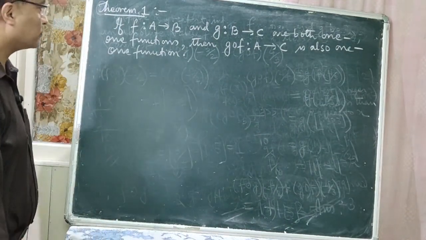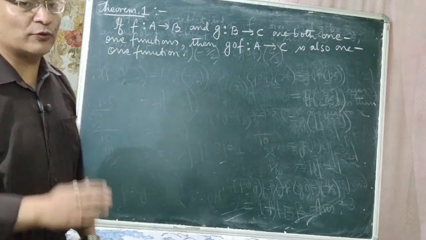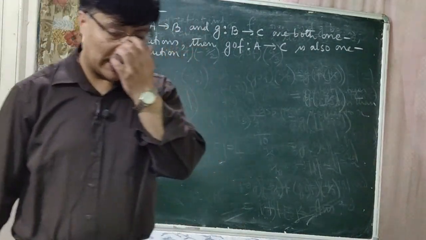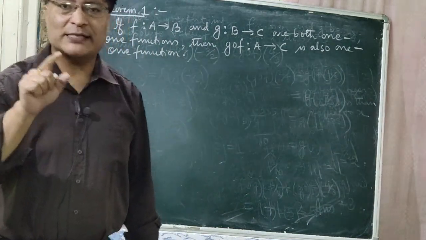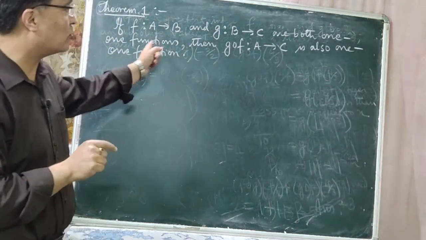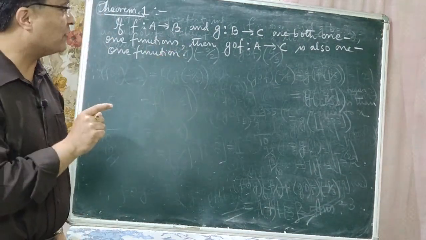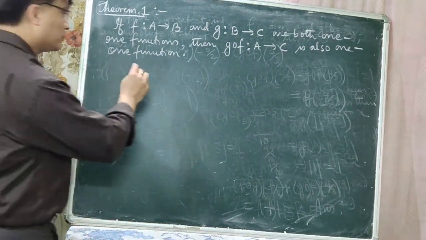Now in order to prove a 1-1 function for the function f, we have to prove that f of x1 is equal to f of x2 implies that x1 is equal to x2. We will use this method to prove that gof is also 1-1.